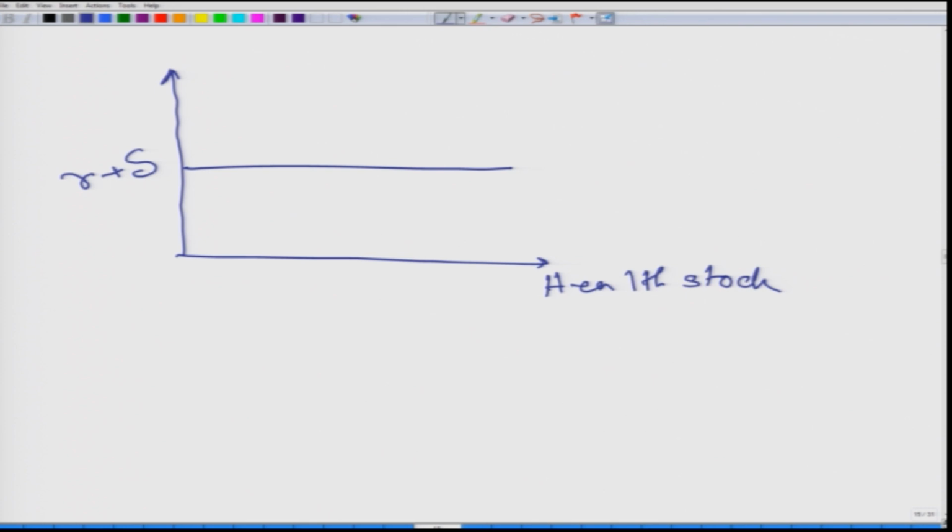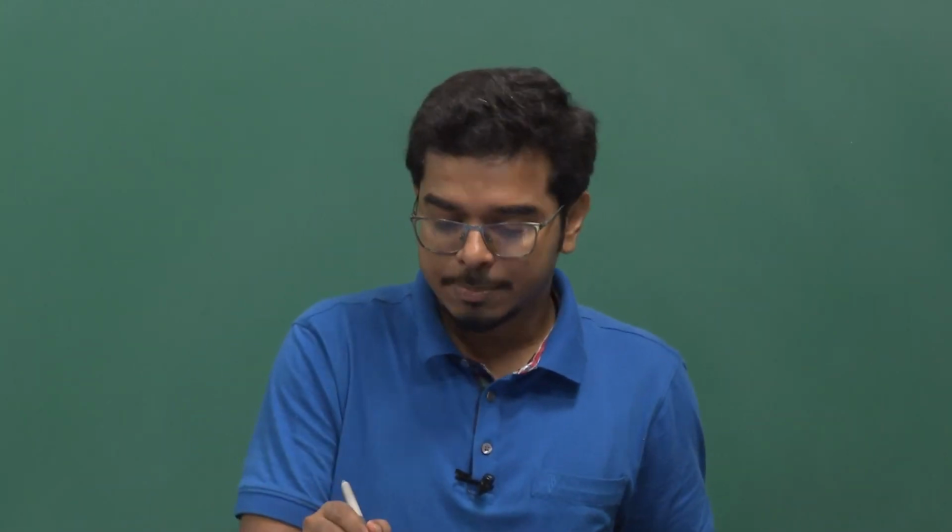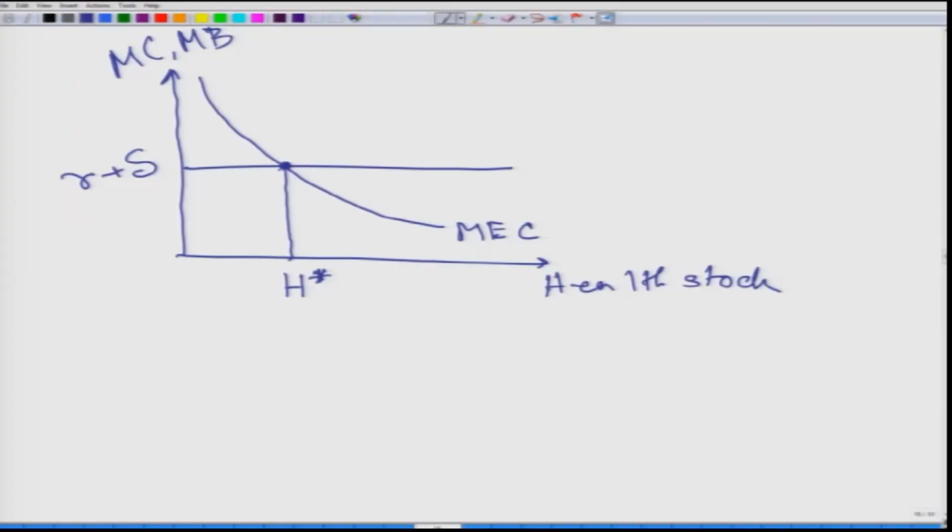Interest rate, what I could have earned, this is the opportunity cost if I could keep the money in the bank, and this is my marginal efficiency of capital which I have invested, and this can be marginal cost and marginal benefit. So this is basically my marginal benefit curve, and then a person will have the optimal health stock over here. This marginal efficiency of capital curve goes down because of the diminishing returns to scale, and at this particular point they will have a better health stock.